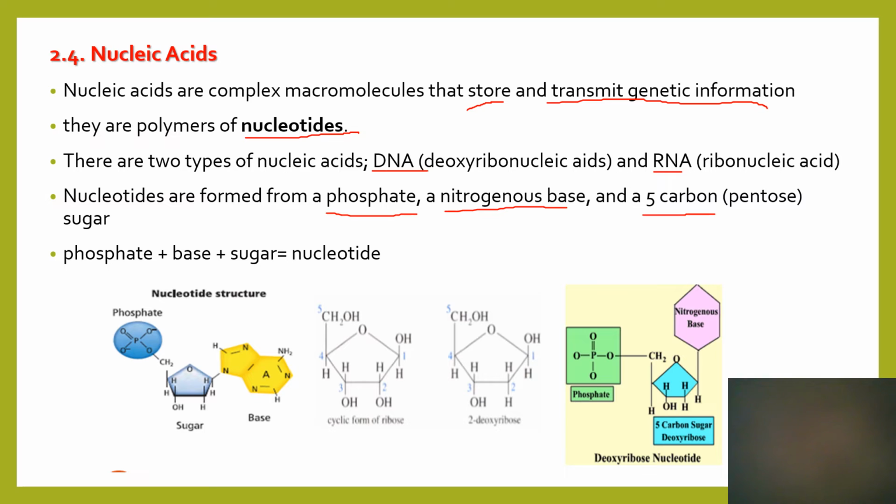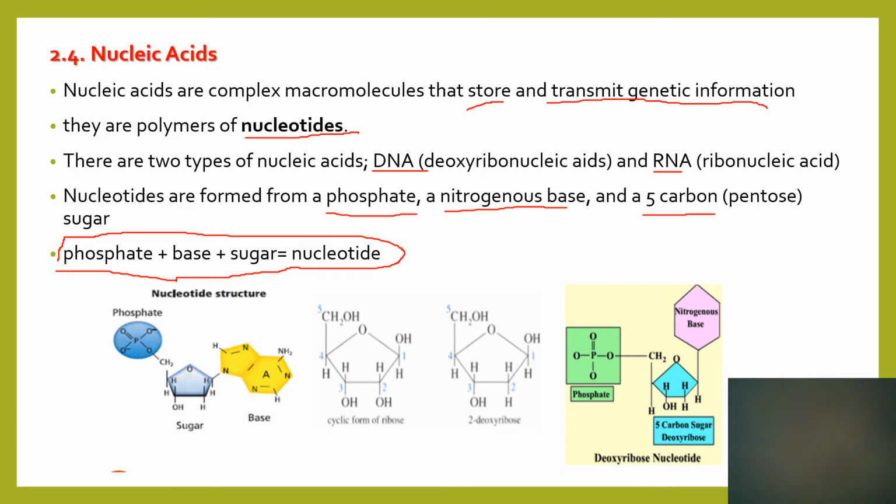Here, a phosphate group plus base plus sugar gives a nucleotide, one nucleotide. When these three components or three molecules are joined together, one nucleotide molecule is formed.